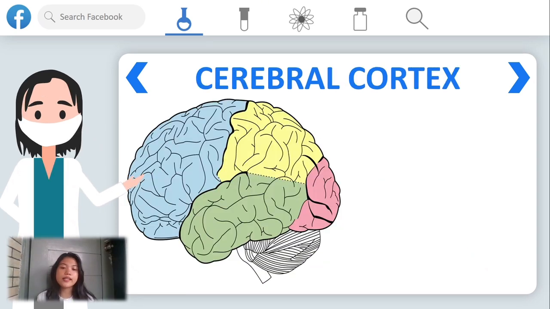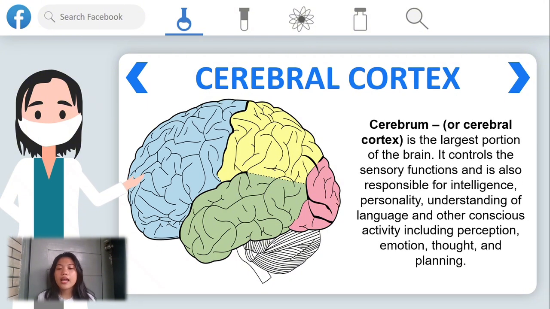First, the cerebral cortex. It is the largest portion of the brain and it controls the sensory functions and is also responsible for intelligence, personality, understanding of language, and other conscious activity including perception, emotion, thought.